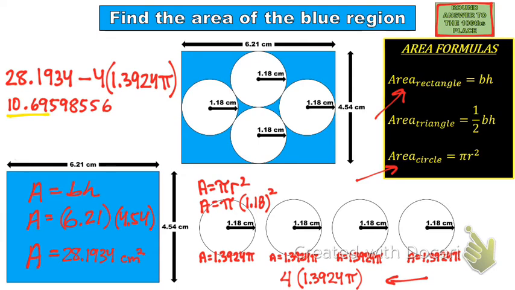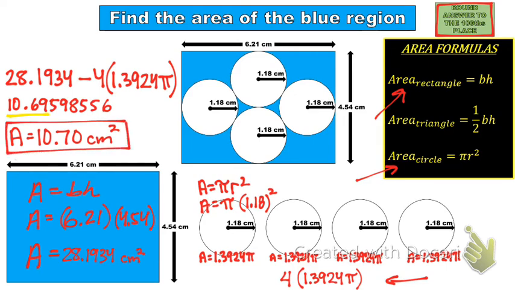So when I round off to the nearest hundredth on this problem, my area will be 10.70 centimeters squared. And that is the area of the blue part of this picture up here. So when you take the big rectangle and subtract out the 4 holes, the blue part that's left over will have an area of 10.70 centimeters squared.